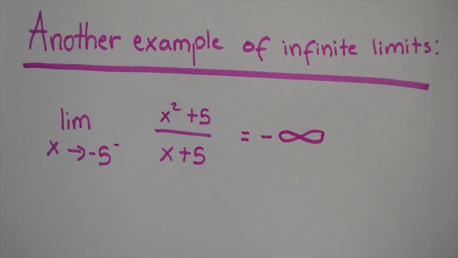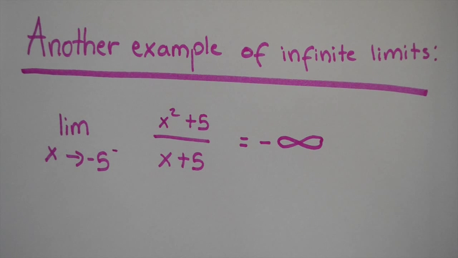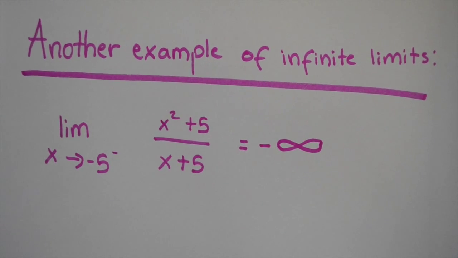Let's look at this example. The limit of x squared plus 5 all over x plus 5 as x approaches negative 5 from the left.